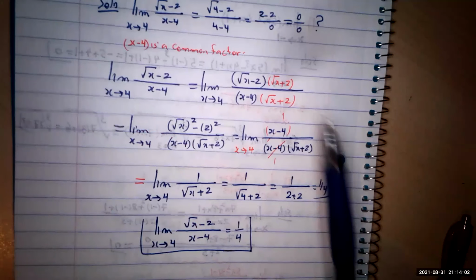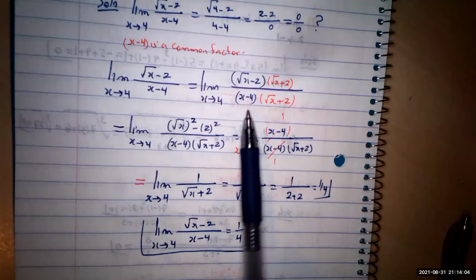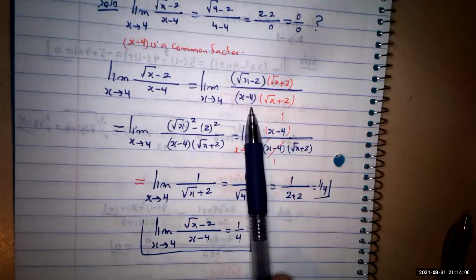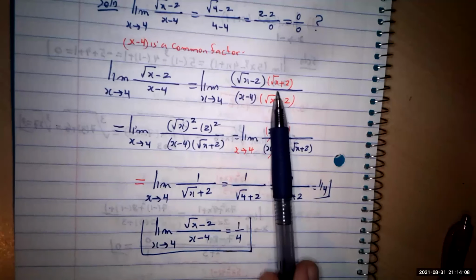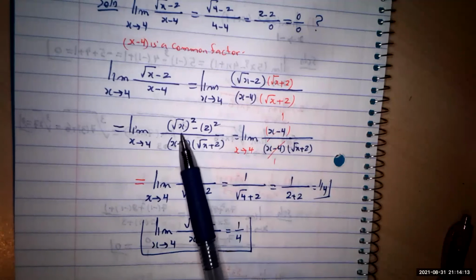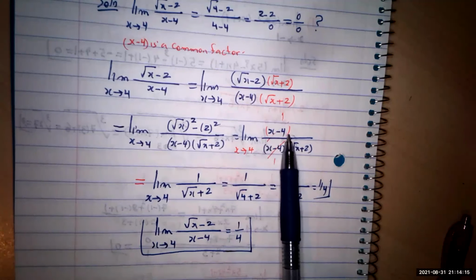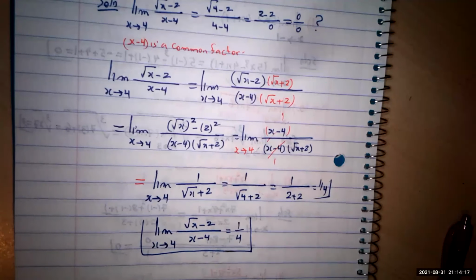So automatically, you are not going to touch this one, you leave it as is, just focus on the top, which is the square of the first minus the square of the second one. So that gives you x minus 4. You have the x minus 4 nicely eliminated, and then do the substitution to get the final answer.